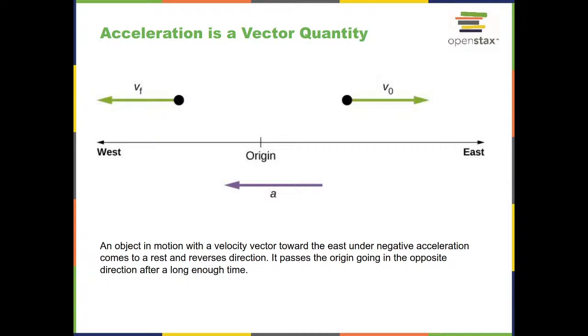So now that we've talked about speed and velocity in particular, let's talk about acceleration. Acceleration is to velocity what velocity is to position. So acceleration is the change in velocity over elapsed time.